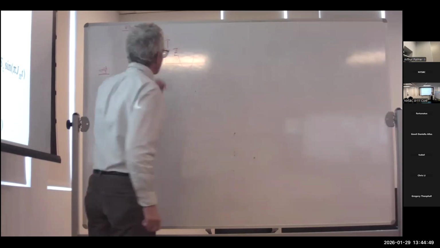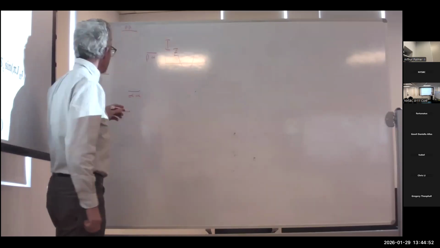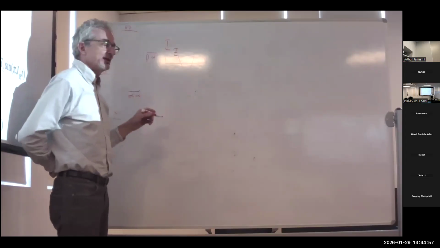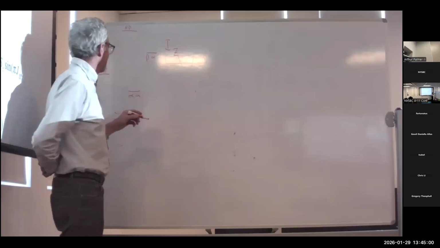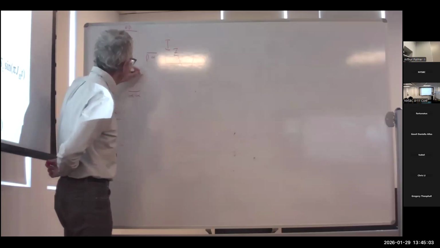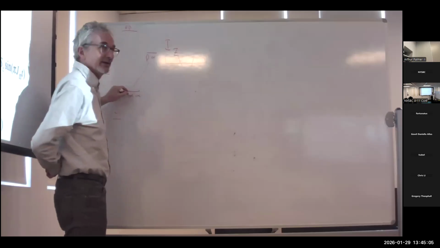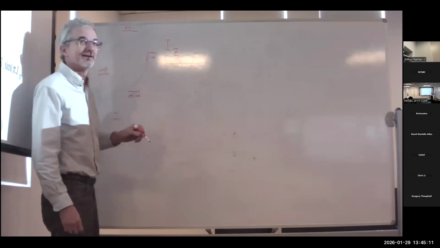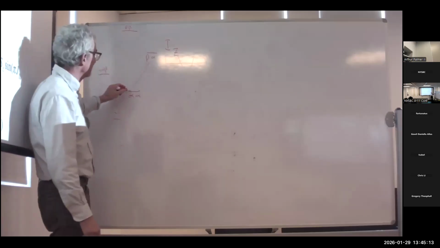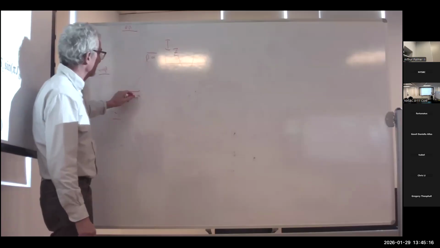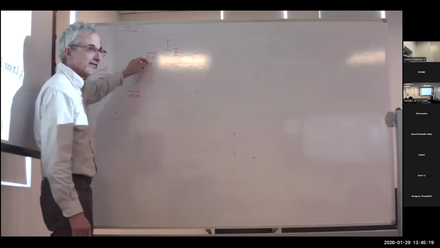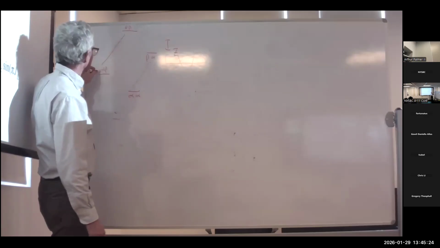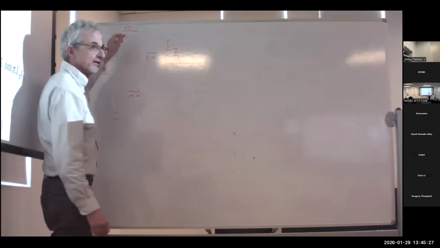IZ, we said, was associated with the population difference between the I spin in the alpha state and the I spin in the beta state. So here's one transition where the I spin goes from alpha to beta, while the S spin stays alpha. And then here's a transition where the I spin goes alpha to beta, but the S spin is in the beta state.